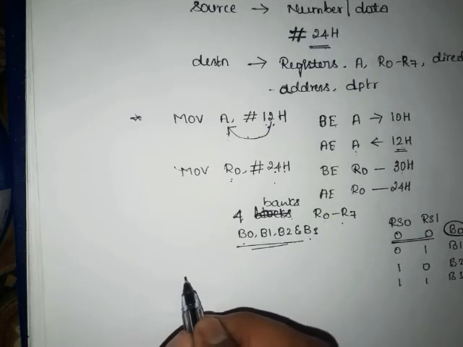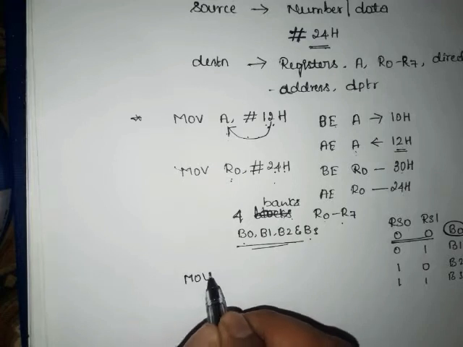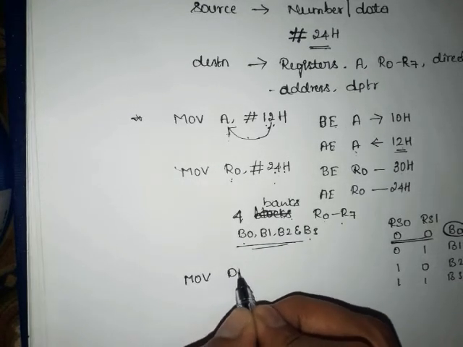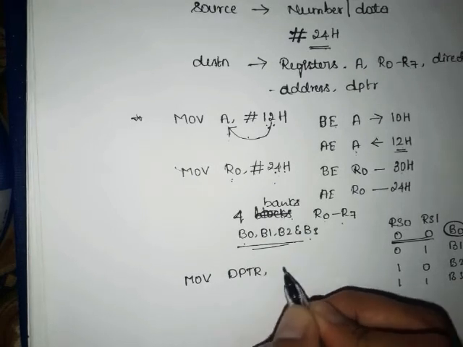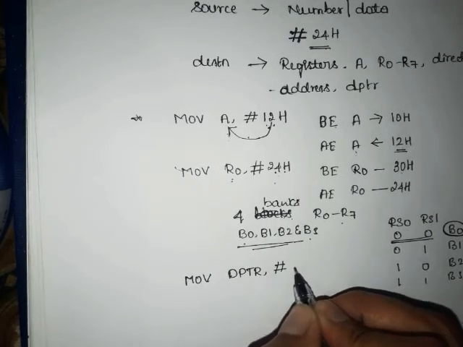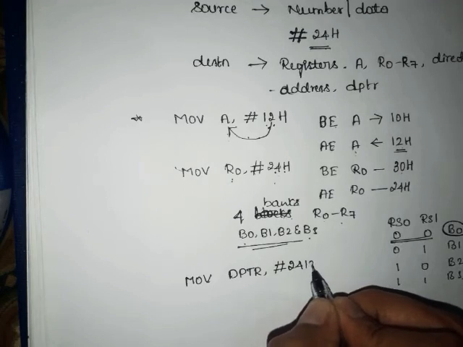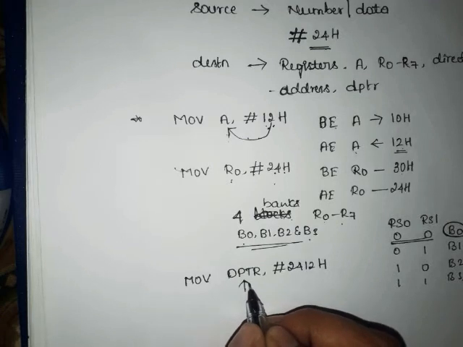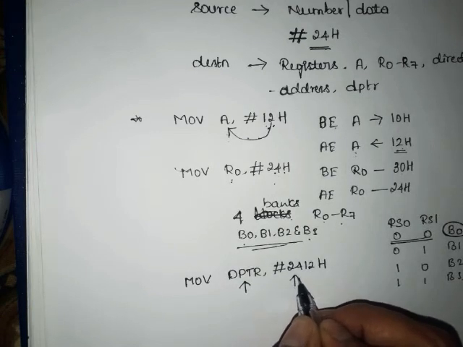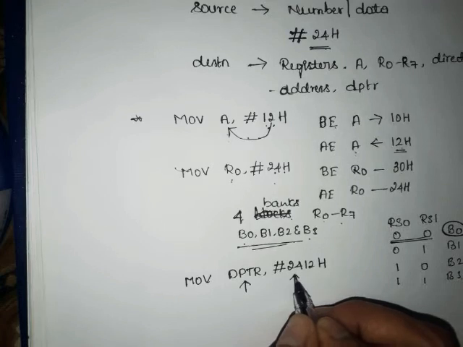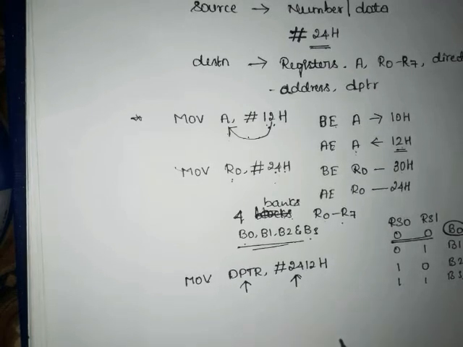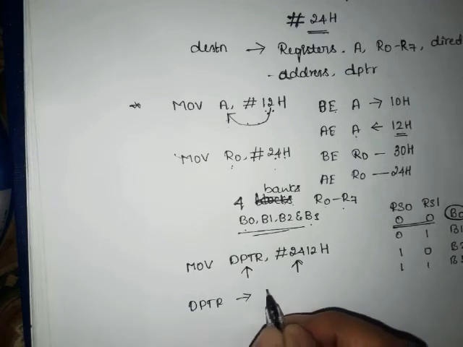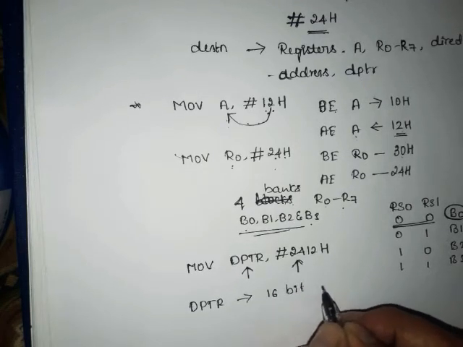Next type is move DPTR, 2412H. So here the destination is a data pointer and source is immediate data, or a number. As we know, DPTR is a 16-bit register.